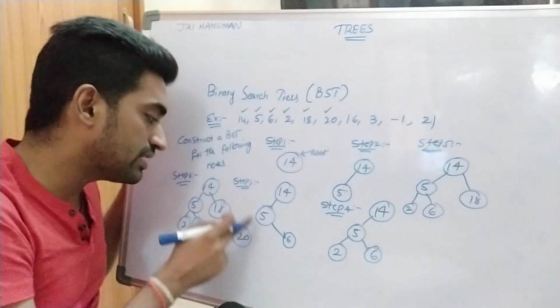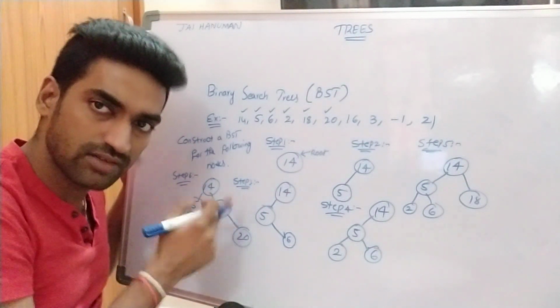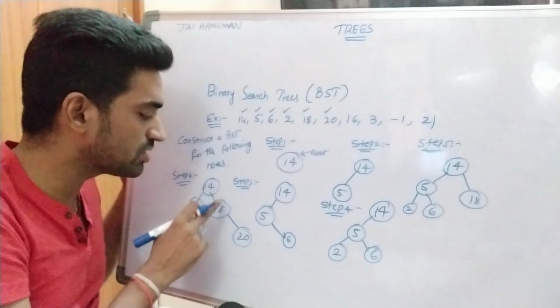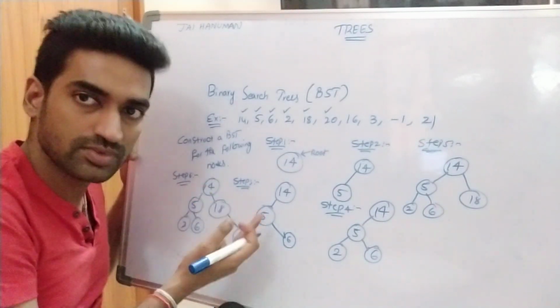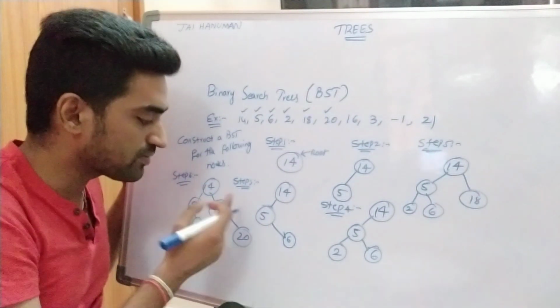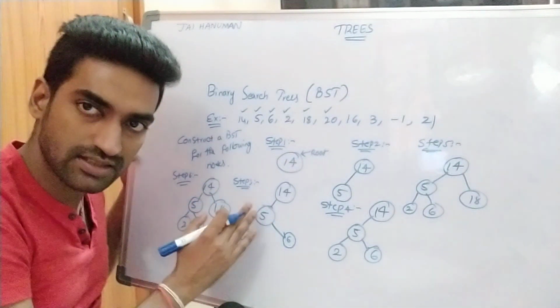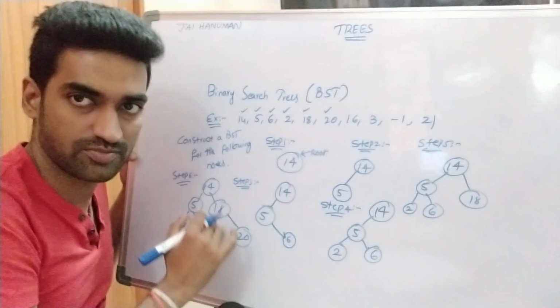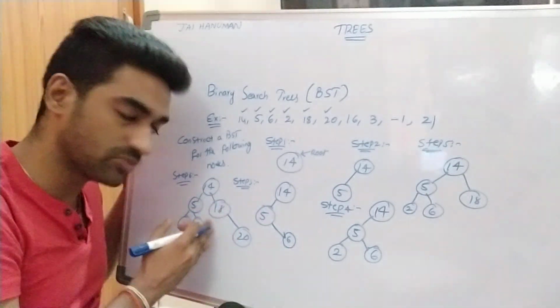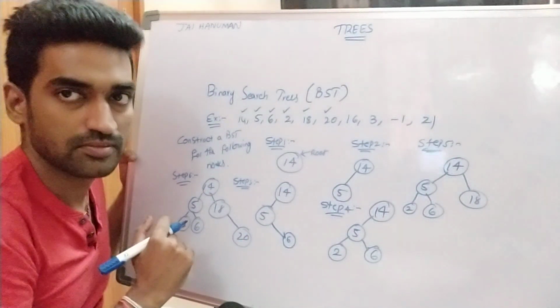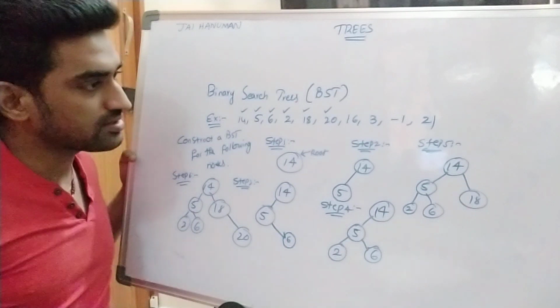If any root is present at the right subtree, again we apply the comparison procedure between the right subtree root and the inserted node. If the inserted element is greater, then we insert at the rightmost position of the right subtree. Otherwise we insert at the leftmost position of the right subtree. Right? So what is the next inserted element?